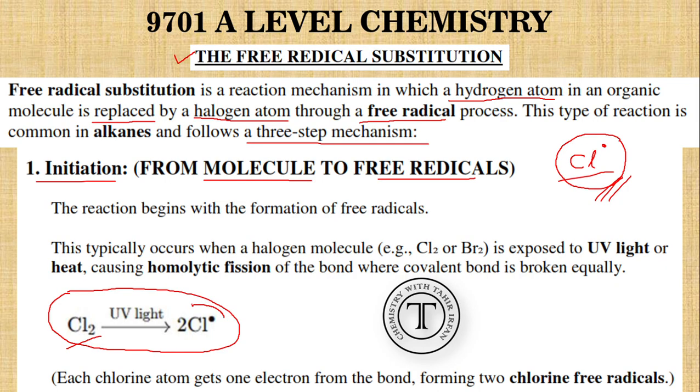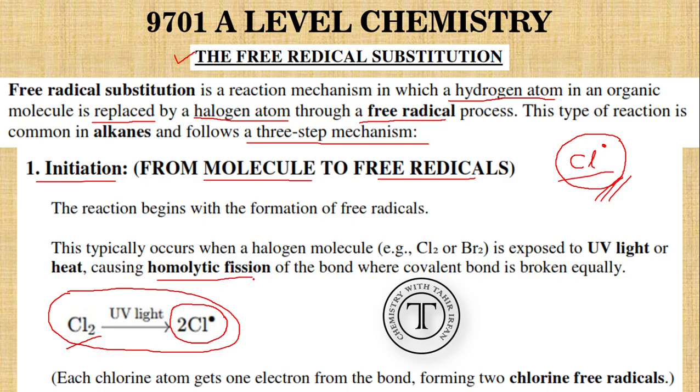These structures are called free radicals. How does it happen? The ultraviolet light, as I have written UV light, is capable of breaking a chlorine molecule equally, so that each chlorine atom gains one electron. This type of breakage is called homolytic fission, as it is written here.